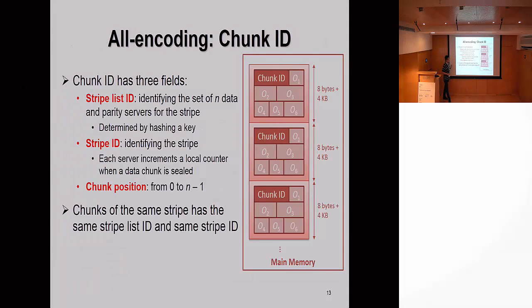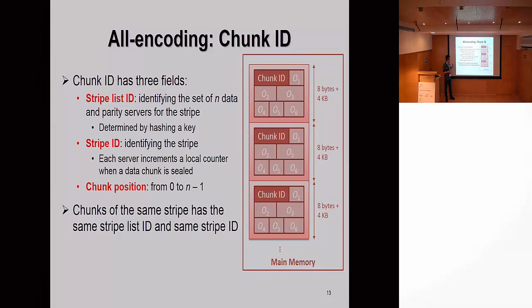So for the chunk ID, this actually has three fields. The first one is the stripe list ID. Basically, it defines the set of data and parity servers for the stripe. It is determined based on the key input. How to find the stripe list, you can refer to the paper. Basically, we bootstrap multiple lists of servers, and you can pick one stripe list based on the key.